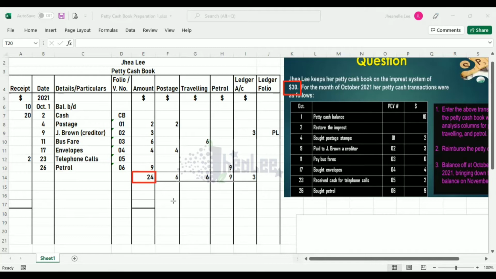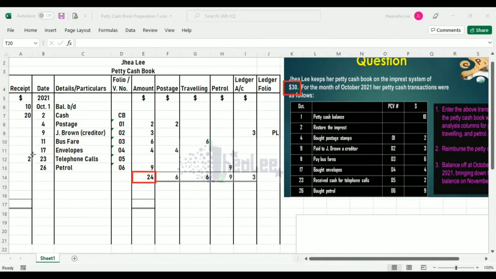Now, in order to reimburse, remember, you need to bear the float in mind. And the system is being operated on a $30 imprest, right? Now, if 24 was spent, it means that you need to reimburse the petty cashier what is needed to take it back to the agreed amount, which is the $30.